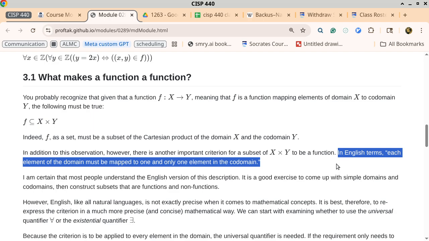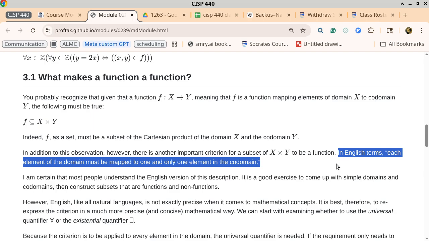What about 2? Well, let's see. The question is asking, is 2 as an element of X mapped to one and only one element in Y? Well, it maps to B. So now the question is, is B an element of Y? Yes. So the real question is, does that count as one and only one? Yep, because one and only one is only for counting purposes.